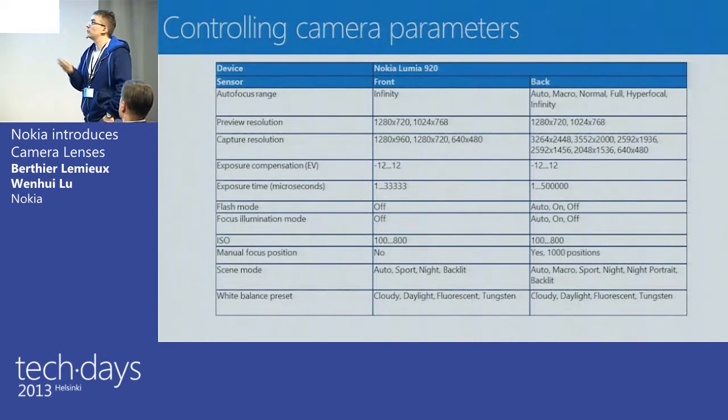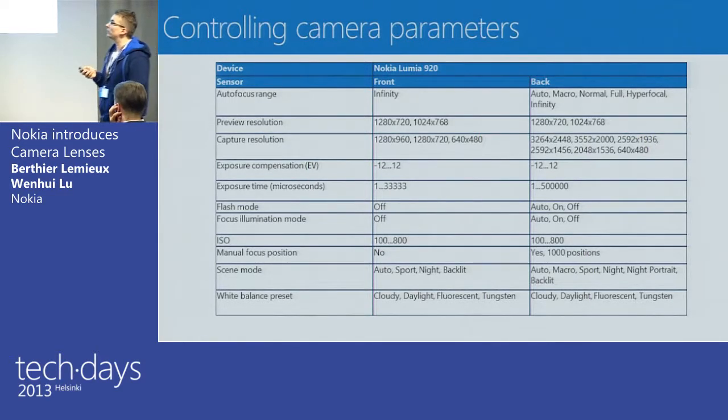You can control the preview and the capture resolution, of course, exposure compensation, exposure time, the flash mode, the focus illumination mode. So when the phone is focusing, it normally has this light that helps it do the focus. You can disable that if you don't want it in your application.